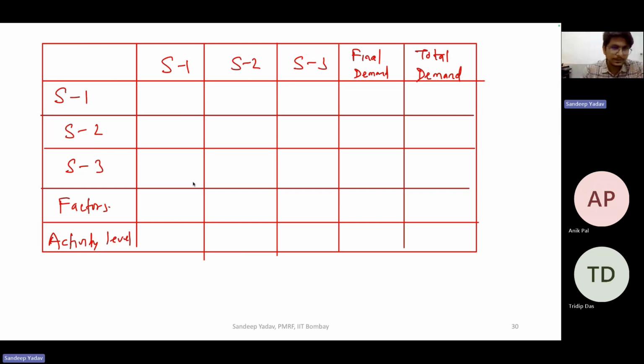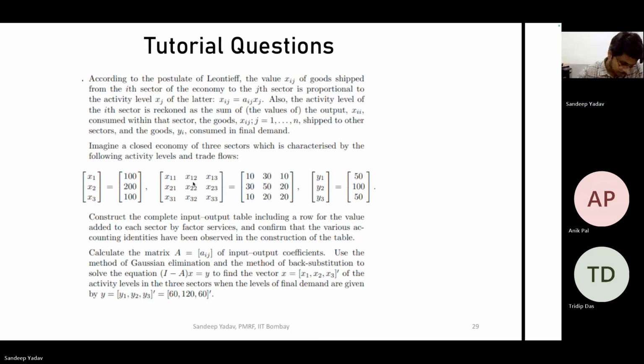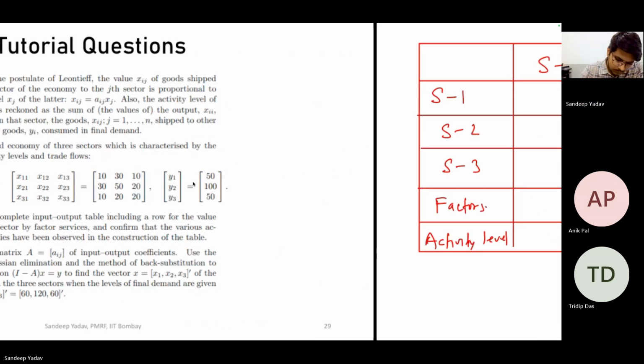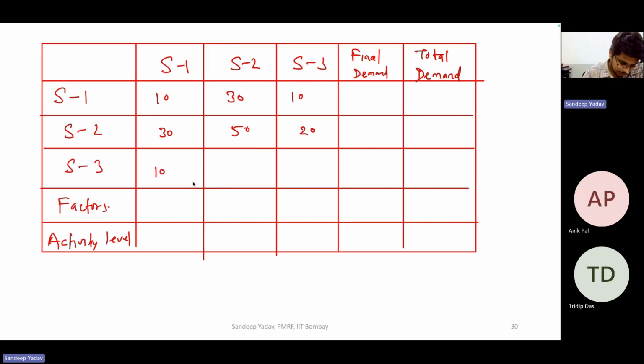So when we see the matrix that is given, that is 10, 30, 10, 30, 50, 20, 10, 20, 20. Similar thing we will write here: 10, 30, 10, 30, 50, 20, 10, 20, and 20.